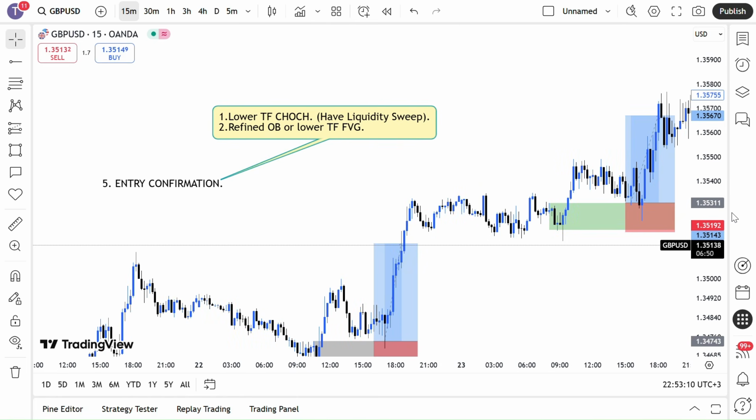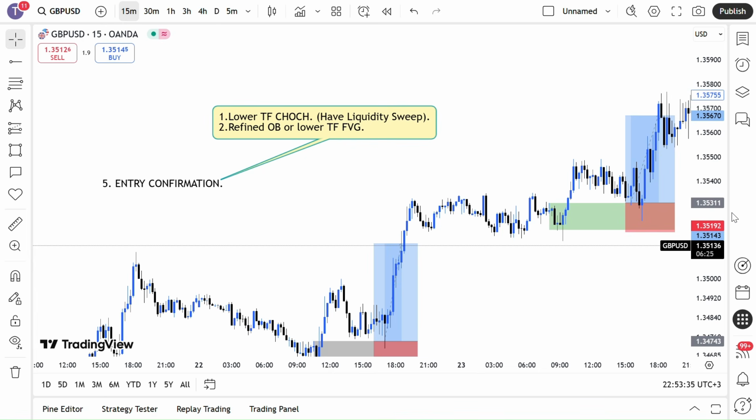Number 5 on our checklist, we have the entry confirmation. What should an entry confirmation have, so that you can have a good entry from that order block that you are targeting, or let's say maybe in a higher time frame? What should your entry look like in the lower time frame?